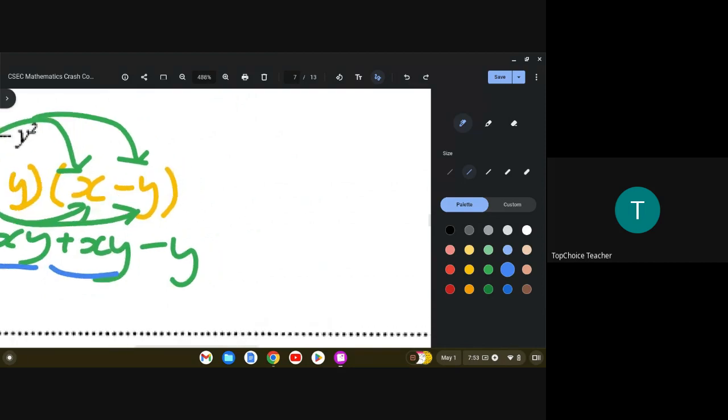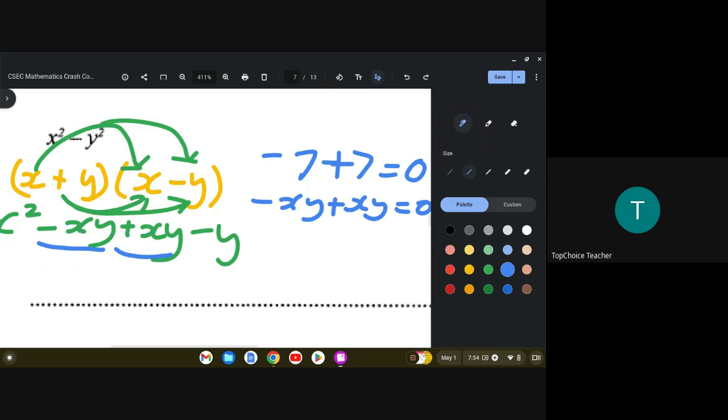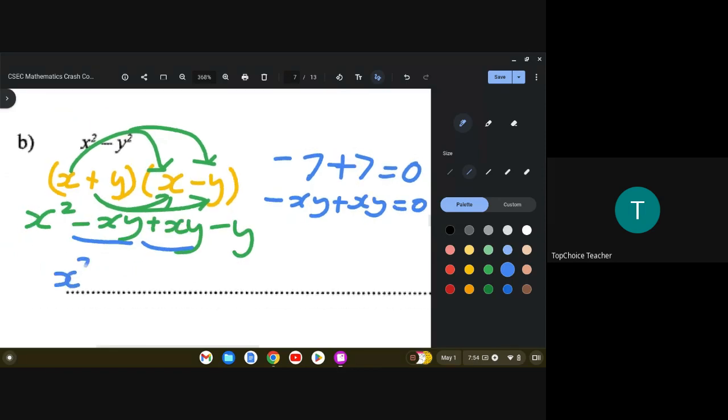If you take a calculator and type in any number, let's use 7, negative 7 plus 7, you're going to get 0. Similarly, negative xy plus xy is going to be 0. So they cancel out. Okay? X squared minus y squared.